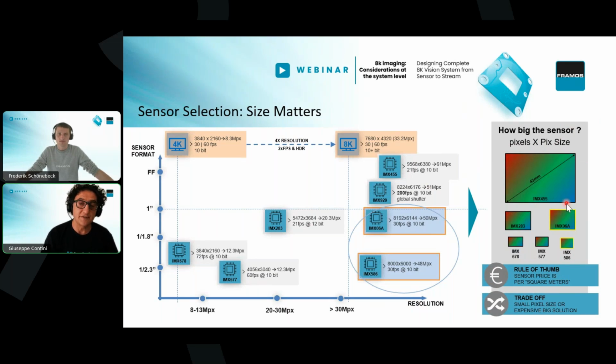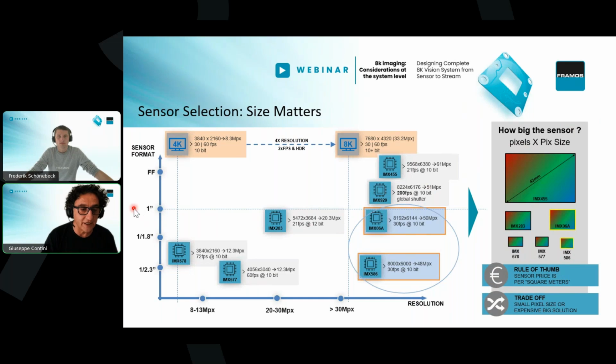So this means a very expensive system, a very big lens, typically F mount or even more, or if you are lucky, C mount. Going down in size, we are also seeing a lot of new applications that require 8K, because of maybe digital zooming or because they want to stream 8K on the web, but this could not cost thousands of euro just for the sensor or for the system.